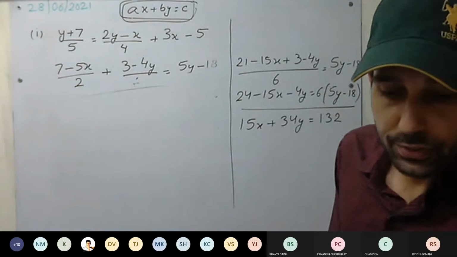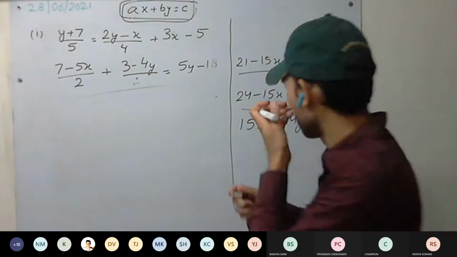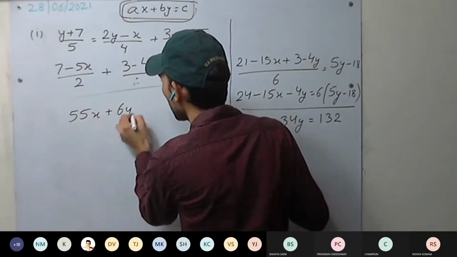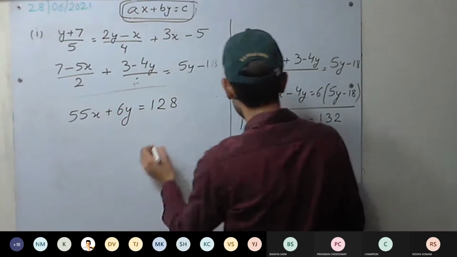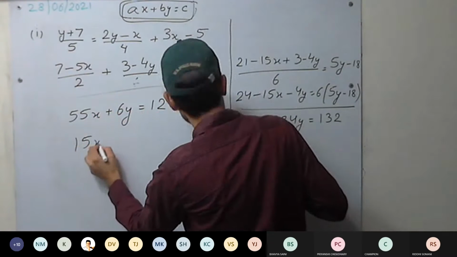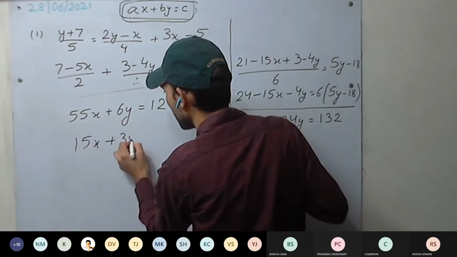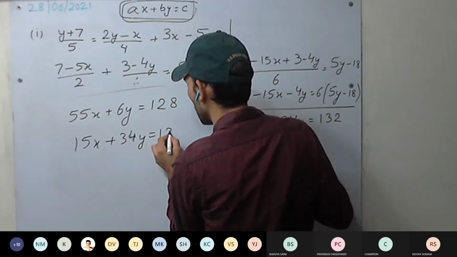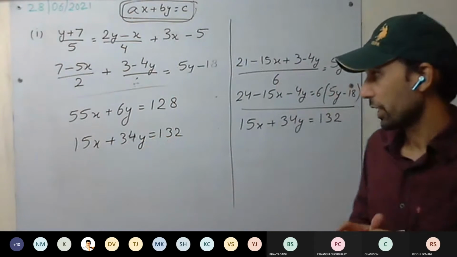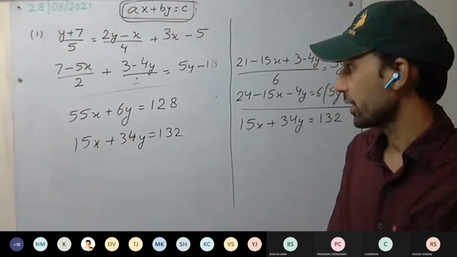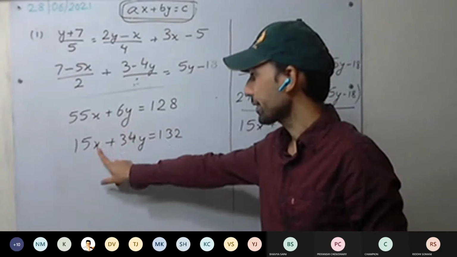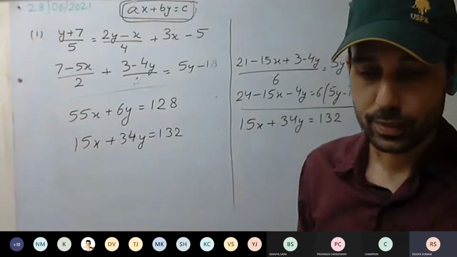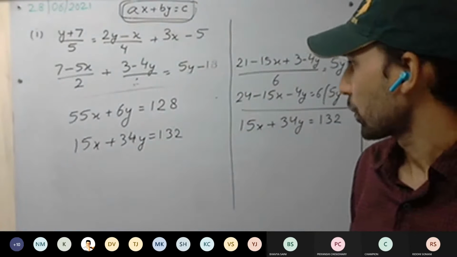So these are the two equations you have got: 55x plus 6y equal to 128, and 15x plus 34y equal to 132. Which variable should we eliminate? It is easier to eliminate x. Okay, so multiply them, it is easier.